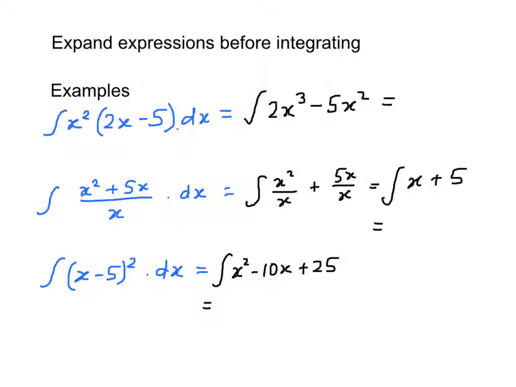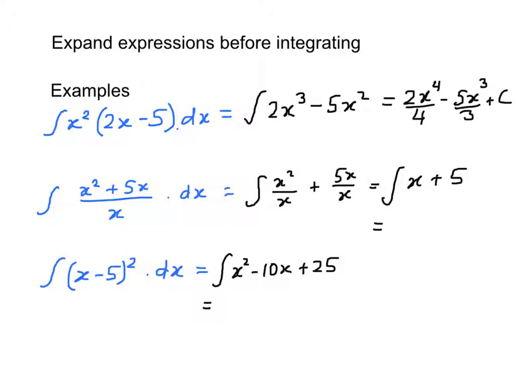You can see I've done that here. And so then we go ahead and integrate that. So our 2 stays in the front, x to the power of 4 divided by 4, minus 5x to the power of 3, over 3, plus our constant.